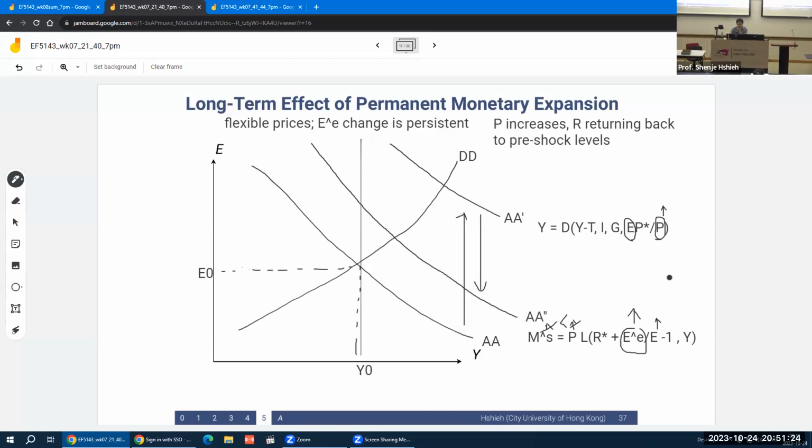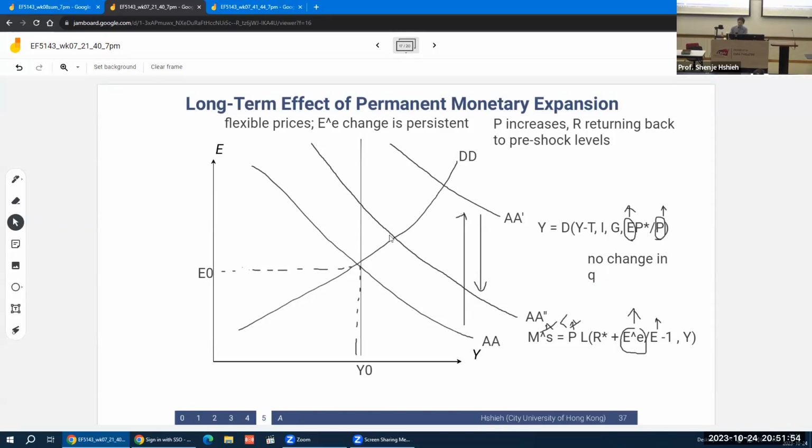And also in the long run, we still have E increasing by as much as E hat E, right? So, cool. If these two parameters move by the same amount, then there is no change in Q, right? No change in Q.